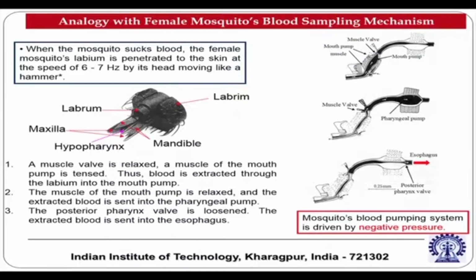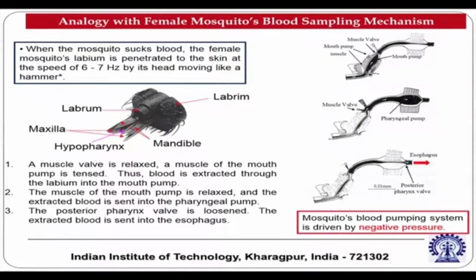So what is the mechanism that happens in the mosquito? Just for curiosity, a muscle valve is relaxed, a muscle of the mouth pump is tensed and the blood is extracted through the labium into the mouth pump. Then the muscle of the mouth pump is relaxed and the extracted blood is sent into the pharyngeal pump. Then the posterior pharynx valve is loosened and the extracted blood is sent into the esophagus.